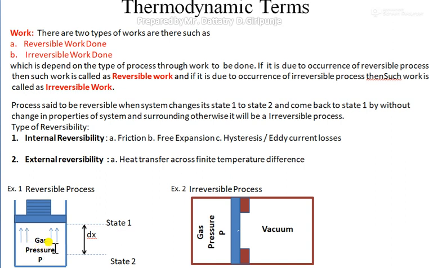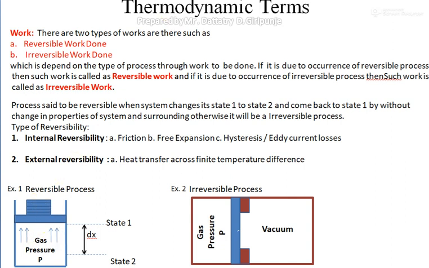So the pressure developed inside the system is not that much, and even our piston and cylinder assembly is frictionless. So whatever weight I am putting over here, the effect of that weight is completely converted into work done.